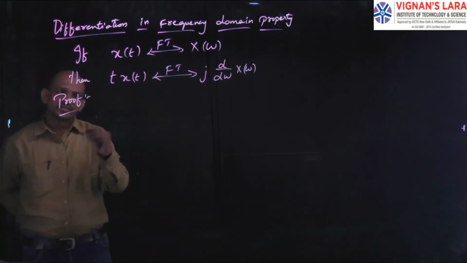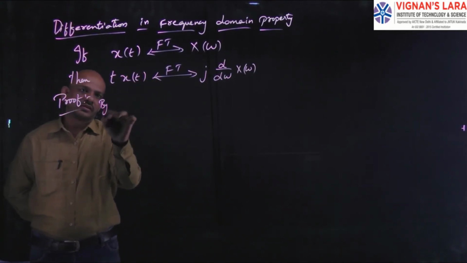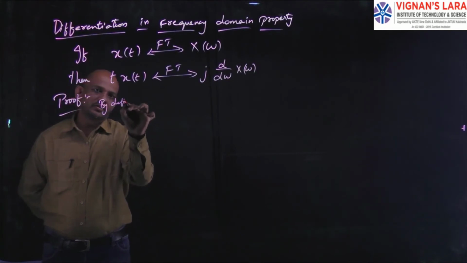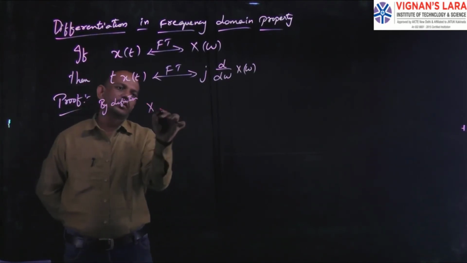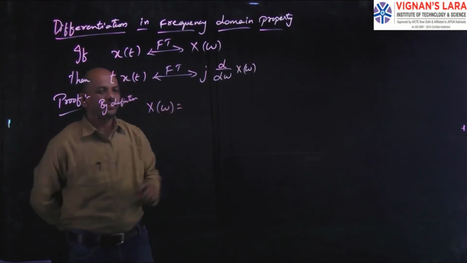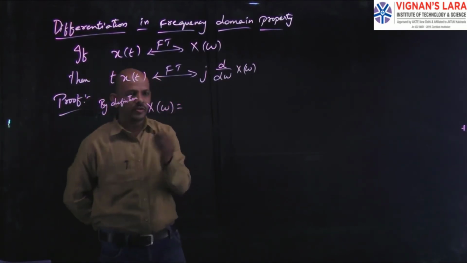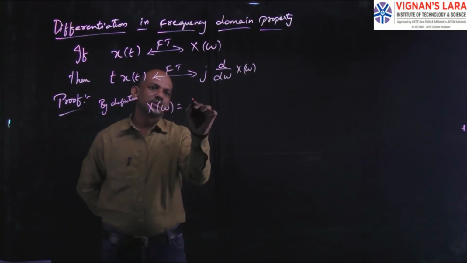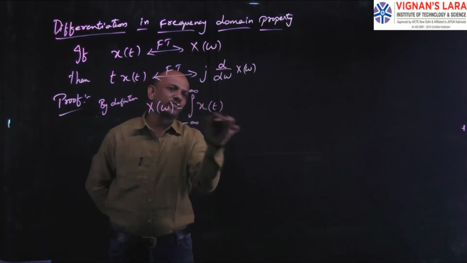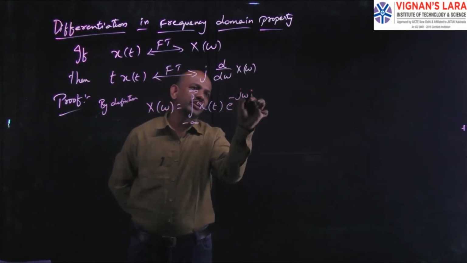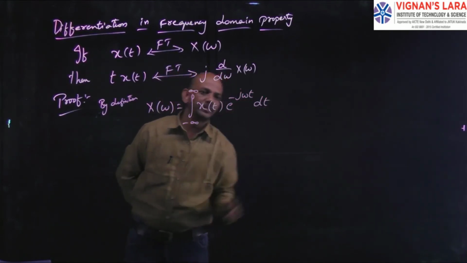For this, from the definition, we know X of omega equals the integral from minus infinity to infinity of x of t e power minus j omega t dt.